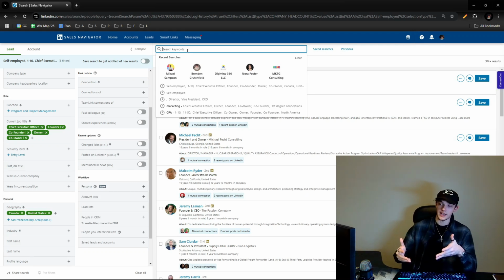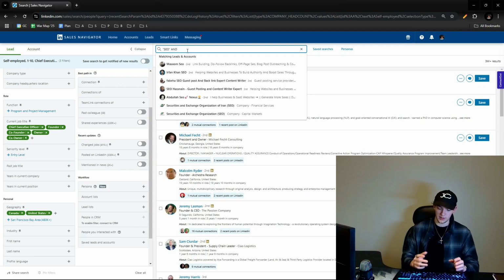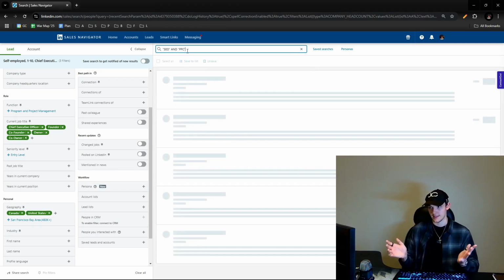Marketing agencies, for example, a lot of them will talk about SEO or PPC, or they'll talk about ads or Facebook ads or things like that. So I could do a search filter where I put quotations around the specific keyword I want. Like SEO, I would want someone that's talking about SEO, and then I would put AND, right, meaning I want someone with SEO and PPC, which is kind of the business that they have, right?